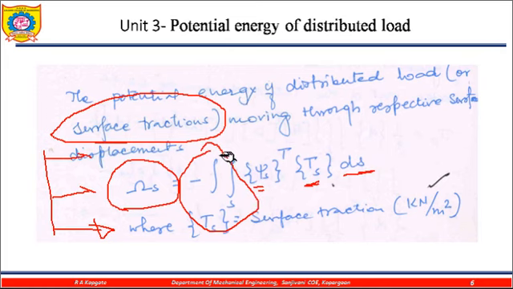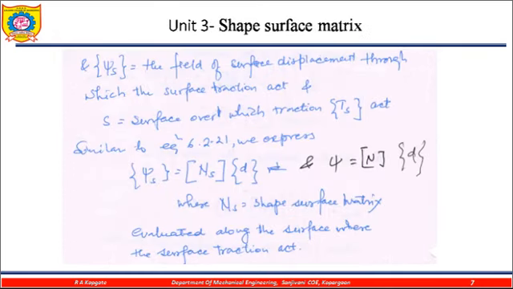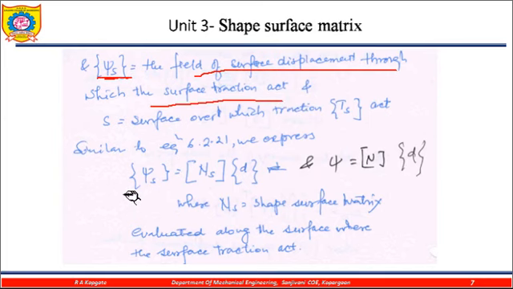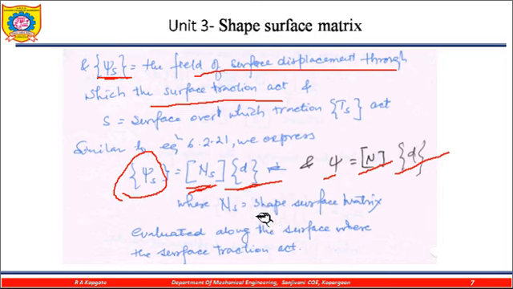Hence this is the integration of ψ transpose into T matrix, where T matrix is the surface traction. Finally, ψs is the field on the surface through the surface traction. Hence my ψs is equal to the surface shape function multiplied by the displacement function. So ψ is equal to the N shape function multiplied by the displacement function. This is the shape function of the surface matrix, which is to be calculated.